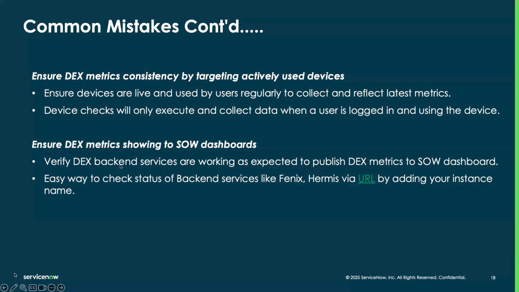How can we check? It's very easy. Check the status of backend services like Phoenix and Hermes using this URL. Replace your instance name in the URL and run it through the browser, and you will see green and red signals against those services, as Tony showed in the previous session.